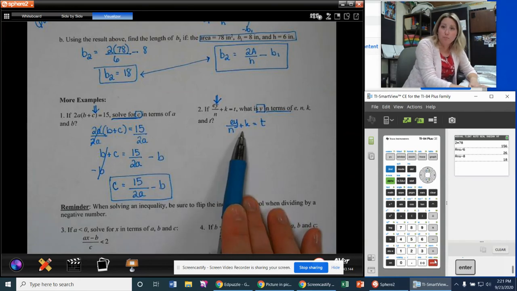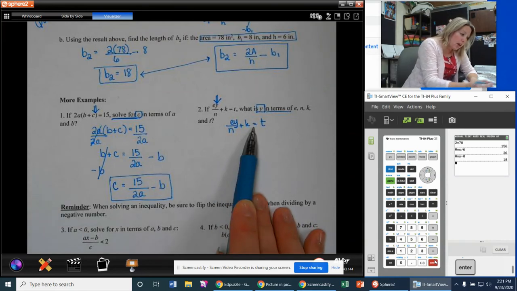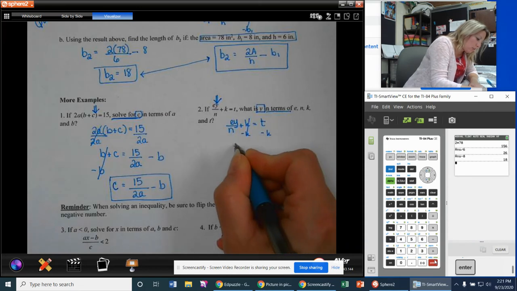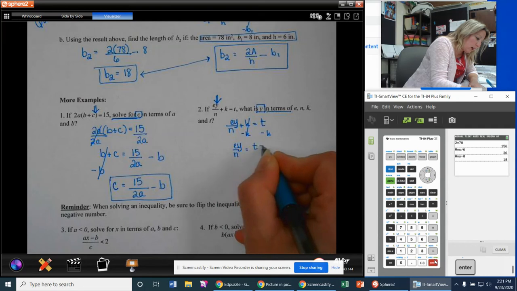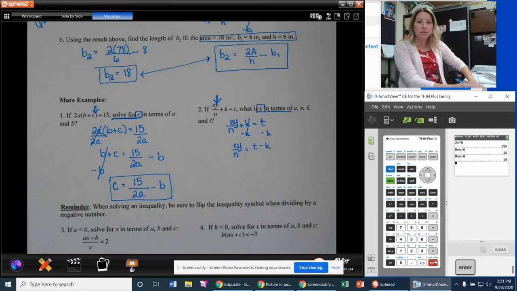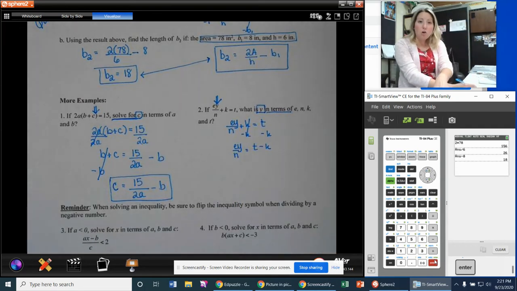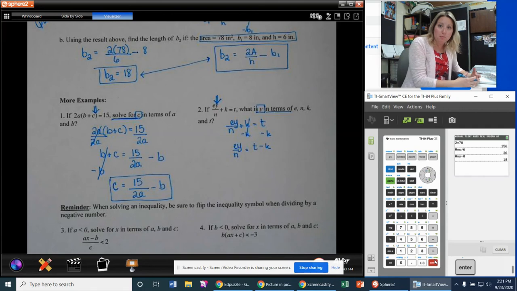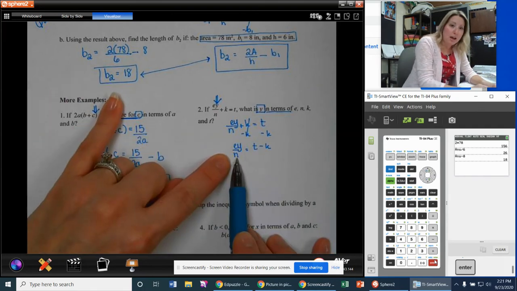Okay, let's start. What's the opposite of adding k? Subtract k. So subtract k from both sides. So e times y over n equals t minus k. Literally rewrite. Lots of variables here. Don't panic about fractions. The opposite of multiplying, or excuse me, the opposite of dividing by something is multiplying by something. So right now we're dividing by n.